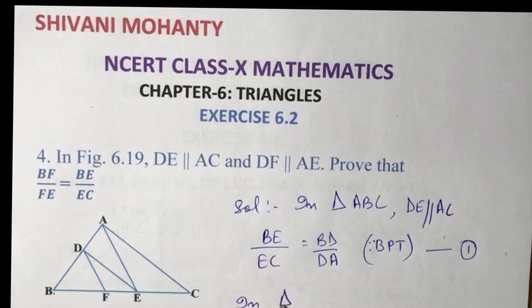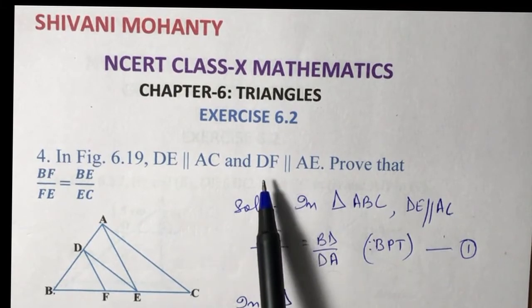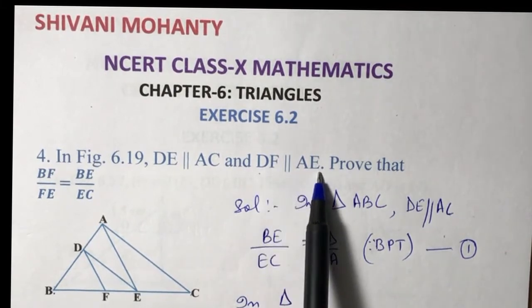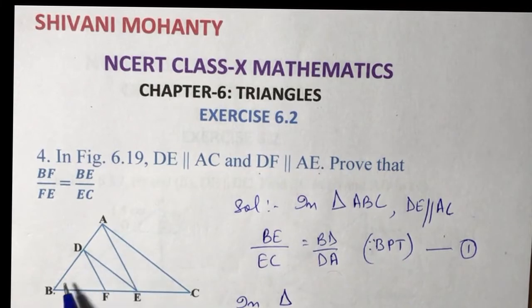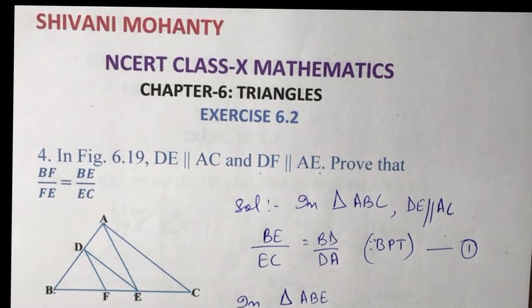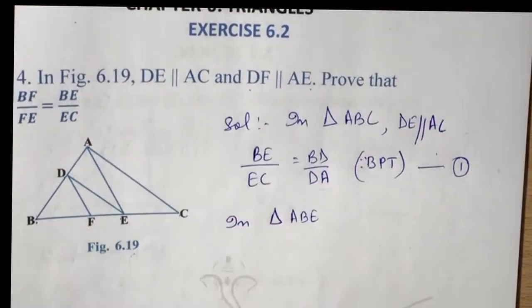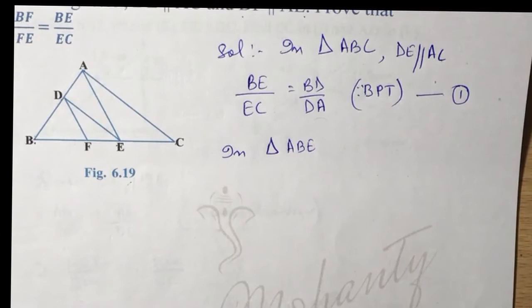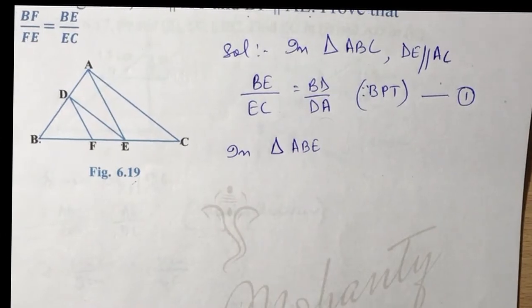In triangle, what is the next triangle that we'll take? See, our next clue is it is given DF is parallel to AE. So let me take triangle ABE. If I take triangle ABE, what can I write?